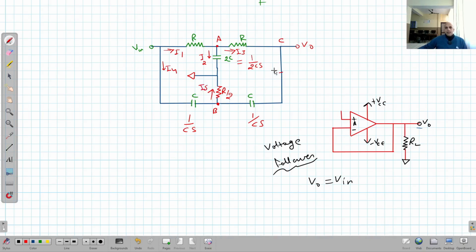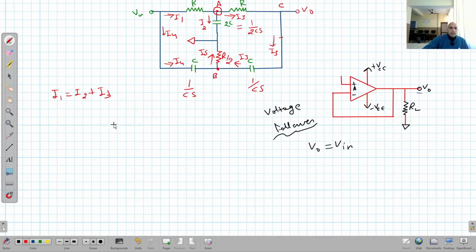So the same current I3 comes here, and then it enters toward this side. So I5 is equal to I4 plus I3. Now we will apply Kirchhoff's junction rule at different junctions. First of all, we will apply it at junction A. At junction A, you can see clearly that I1 is equal to I2 plus I3.